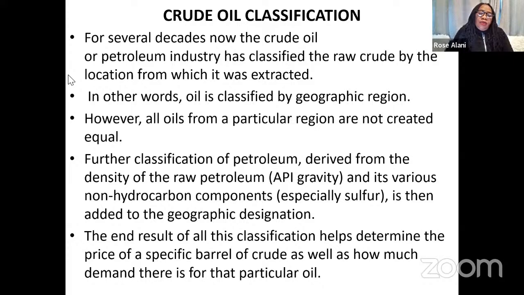The end result of all the classification helps to determine the price of the petroleum, and it also helps to determine how much demand there will be for a particular crude oil, irrespective of where the location is. Just a combination will help to determine these factors.